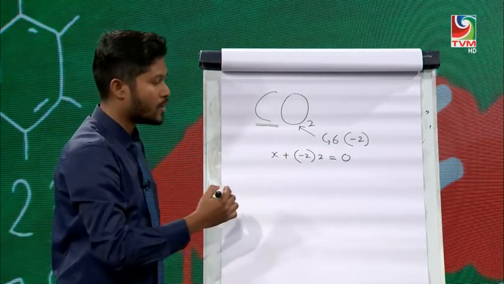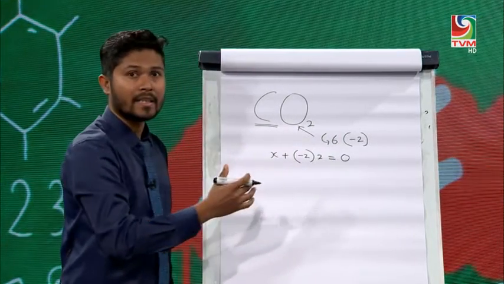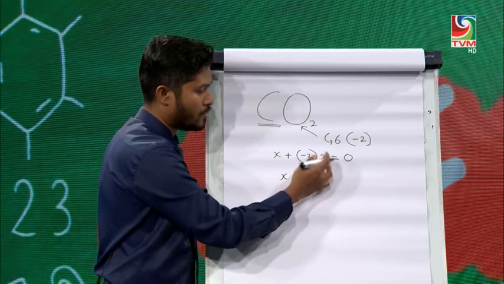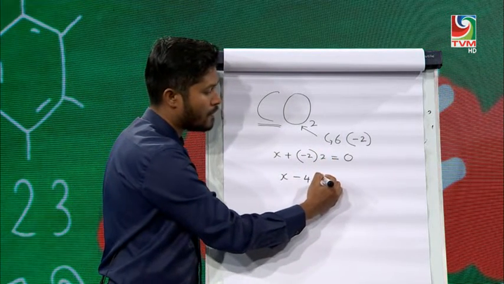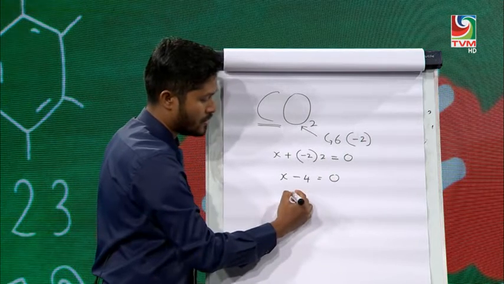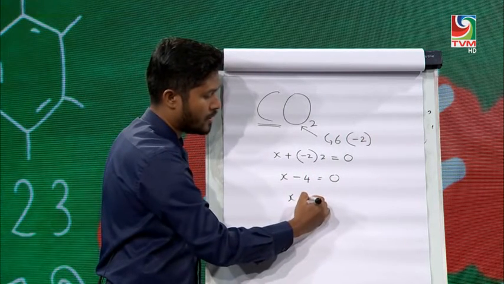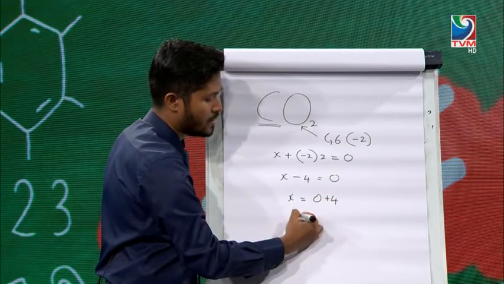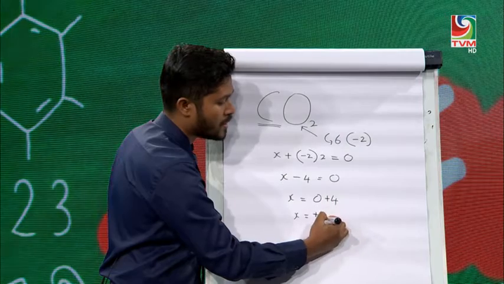Now we have a linear algebraic equation: X plus -2 times 2, which is -4, equals 0. When you bring -4 to the right hand side, it will be 0 plus 4, which means the oxidation number of carbon is +4.